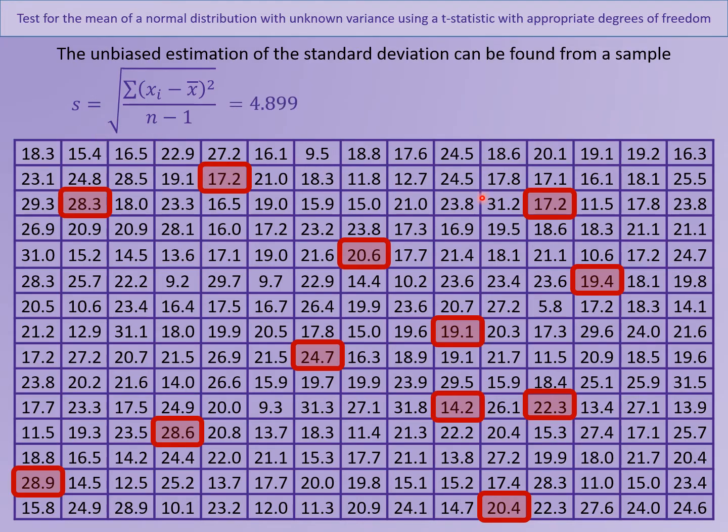Now, if I did that, I've got 4.899. So I could then go on and use that 4.899 as my standard deviation. The problem is the actual standard deviation of that entire parent population, all of those numbers, is actually closer to 5.14. So what's going to happen is my standard deviation is going to be different to the actual parent standard deviation.